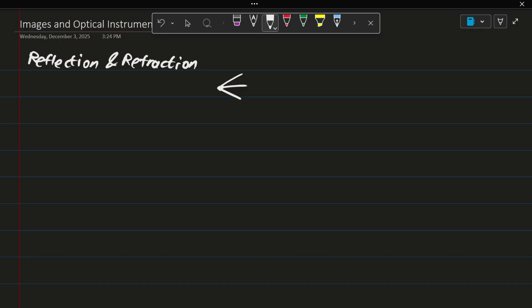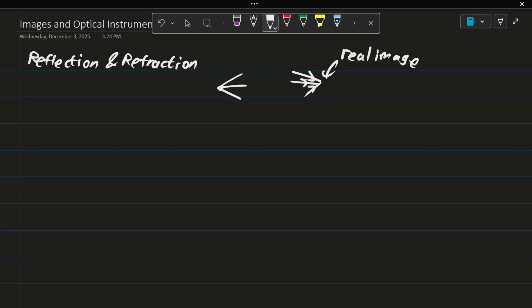So the idea is that if it all converges into one spot, we call this image a real image, because it is where most of the light focuses back into a certain point, in which it will have the illusion of having the same object, so it is real.